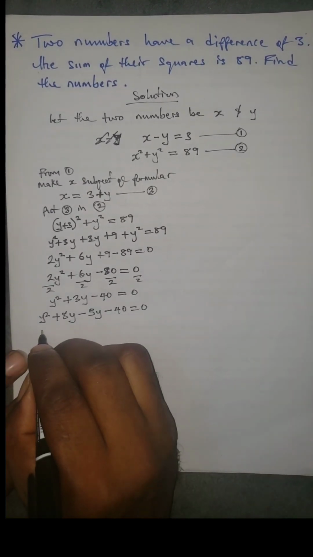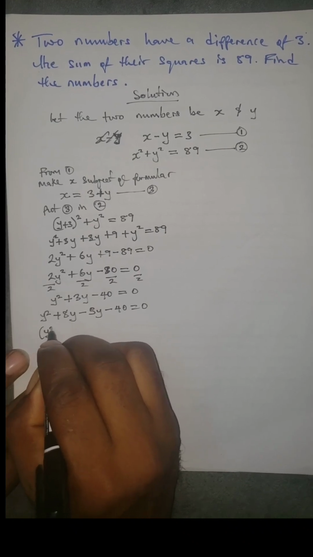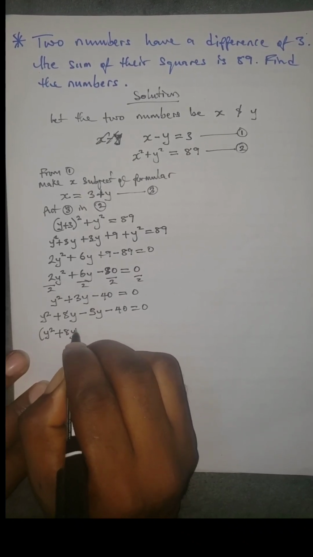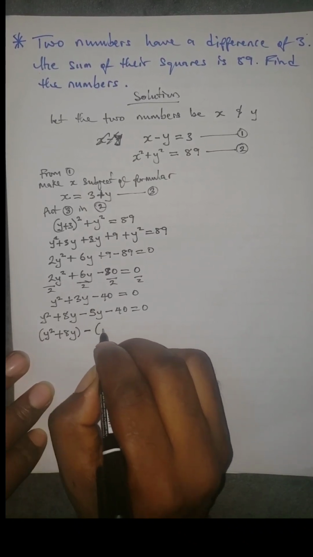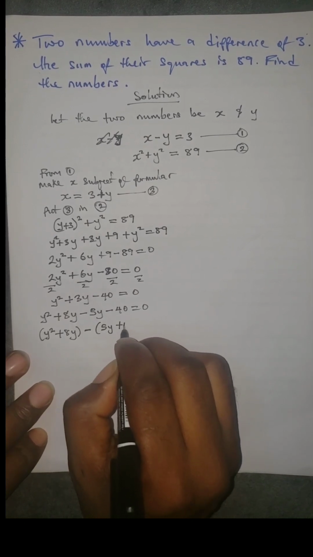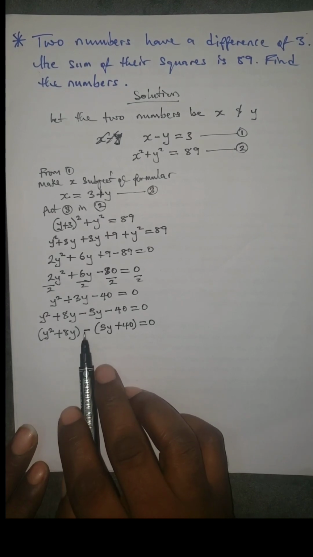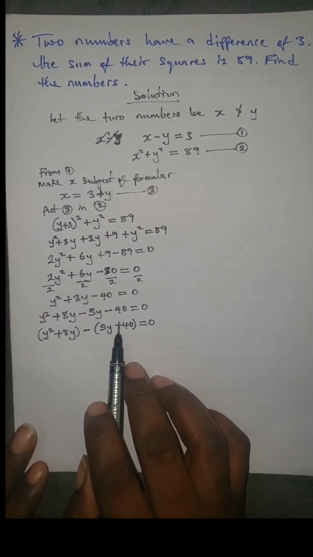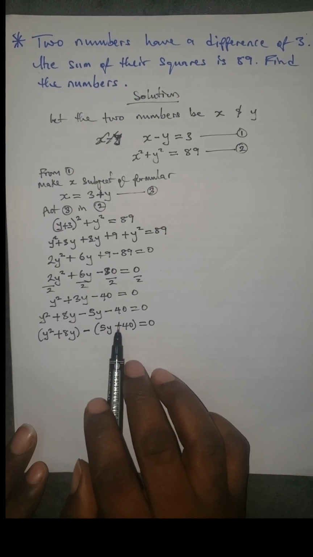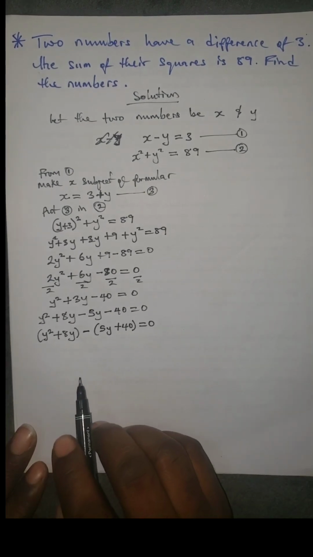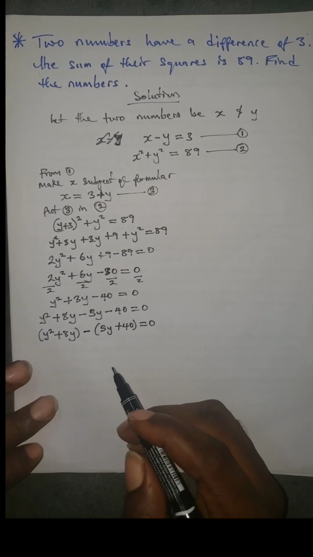Okay, so if I group that, that will give me y squared plus 8y minus 5y plus 40 equal to 0. Whenever you bring out minus outside, you are going to have a change in sign of the next coefficient.